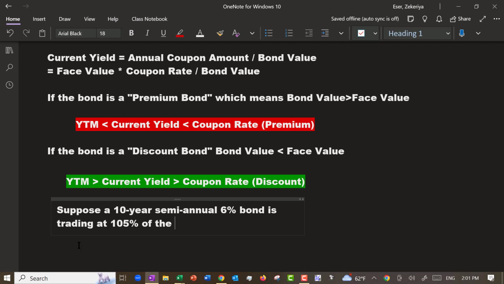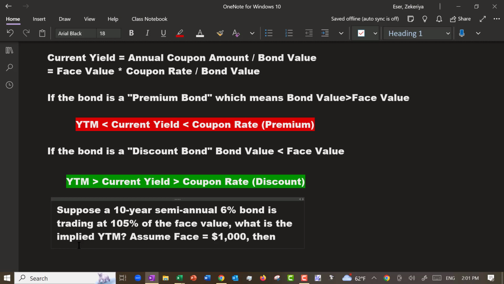What is the implied YTM? Assume face equals 1000, then bond value is equal to 1050.